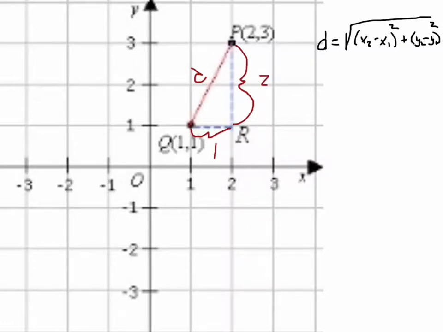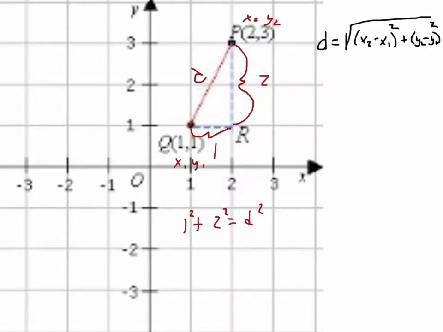So we can also use our Pythagorean theorem, which is 1 squared plus 2 squared equals the distance squared. All right, but let's use our formula. So let's call this x1, y1, and this x2, y2. Let me move that over. So there are your points.